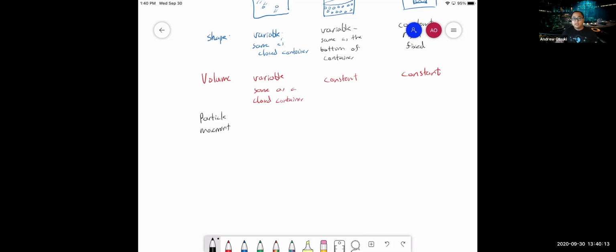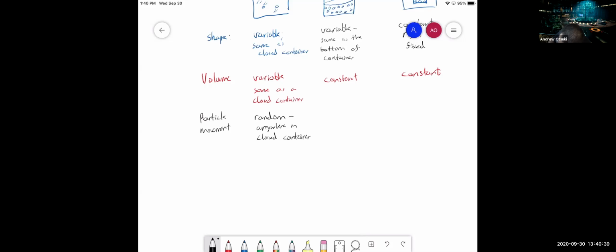The movement is very random for gases, right? Random. And it's independent of every other particle. So it's random, so the movement of each particle can go anywhere in the container. Random, anywhere in a closed container.